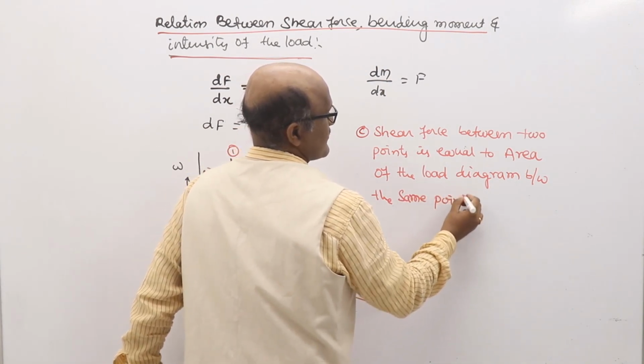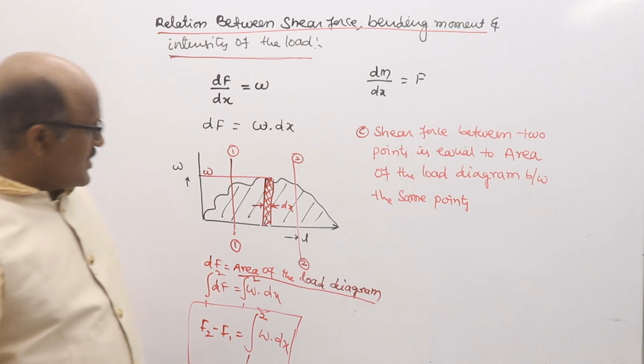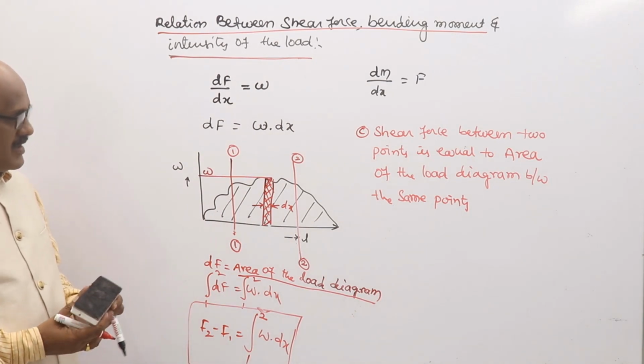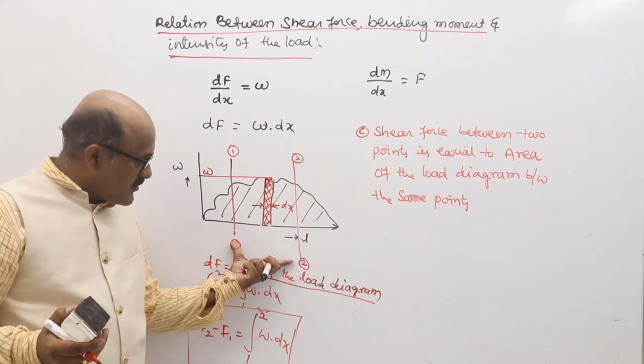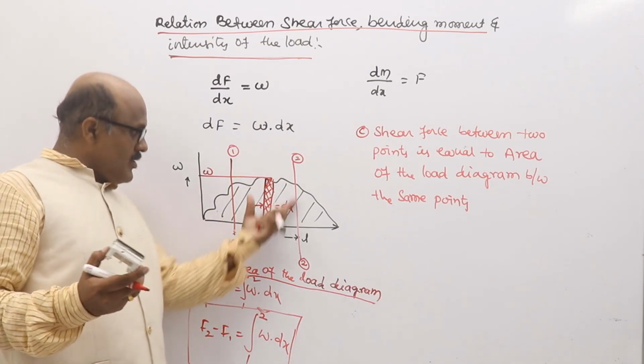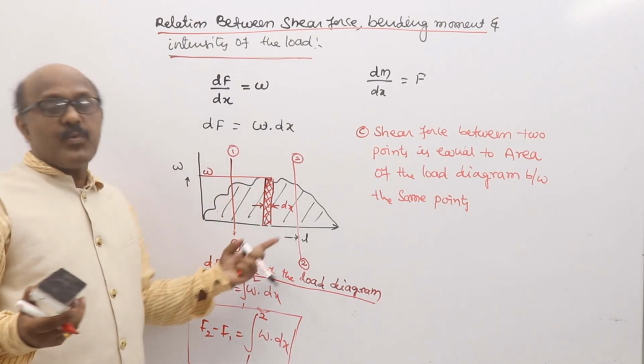It is the third point. All of you clear, my dear students? It is about the third point. The shear force between the 2 points is equal to the area of the load diagram between the same points.